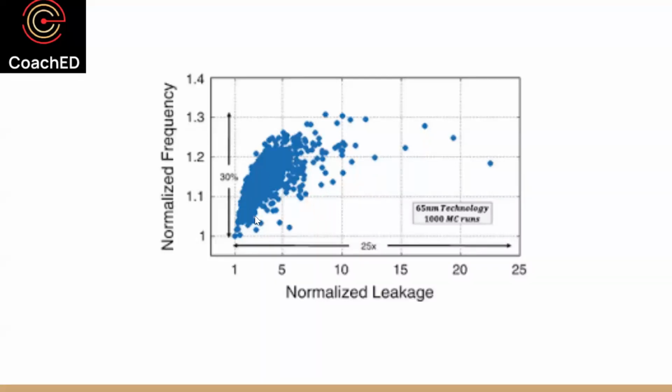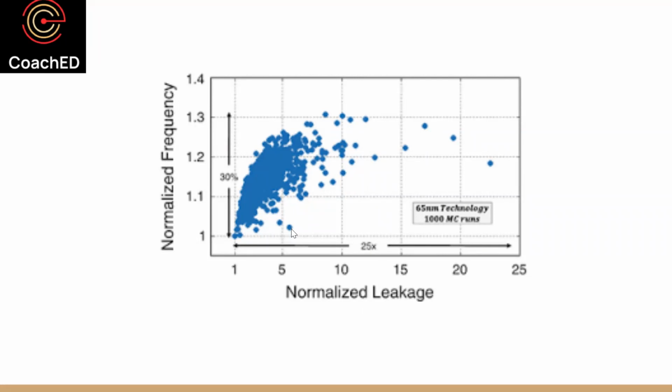What you'll notice is that, since it's coming from a foundry or a fab, basically a factory, you cannot guarantee every chip is going to be identical. The y-axis shows the frequency, how much it varies, and the x-axis shows the leakage, normalized with respect to the mean.